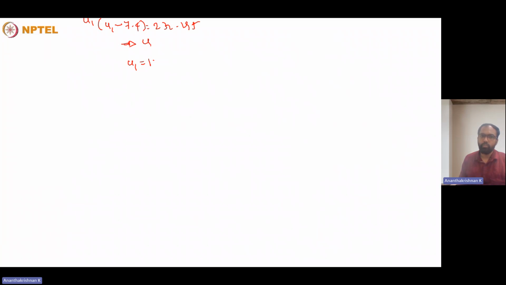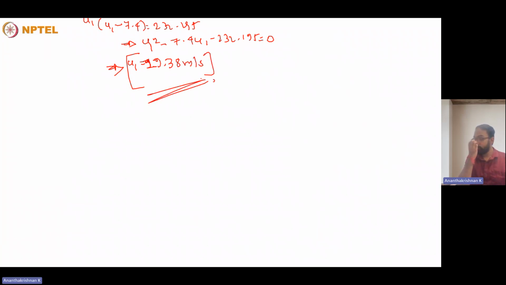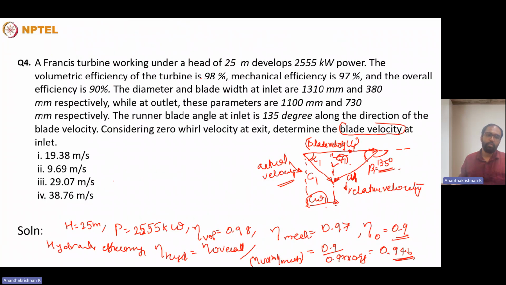So that will be U1 squared minus 7.4 U1 minus 232.195 equal to 0. That will give the U1 value equal to 19.38 meter per second. So that solves this problem. The question was to determine the blade velocity. So the answer is option 1.